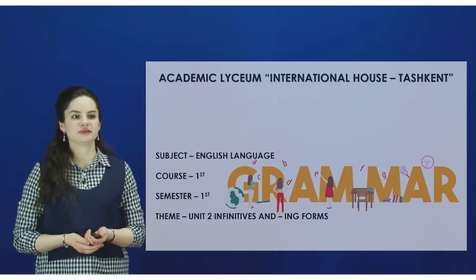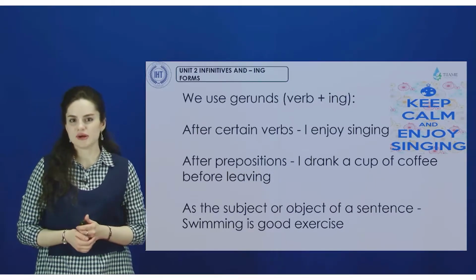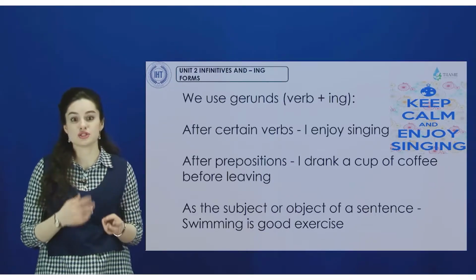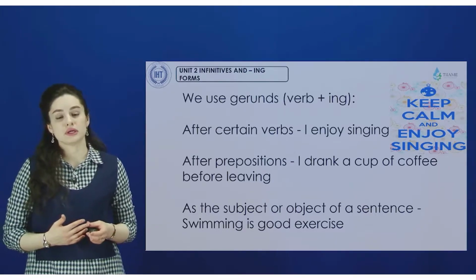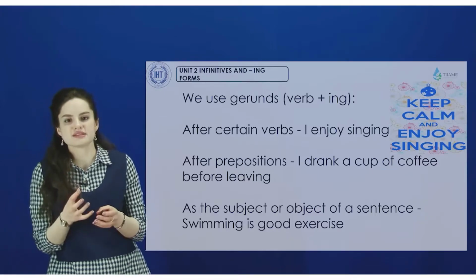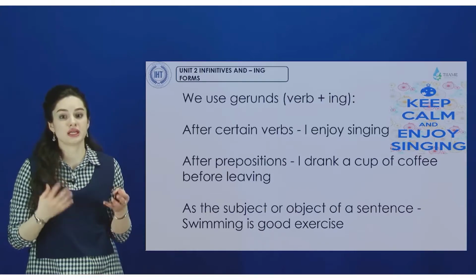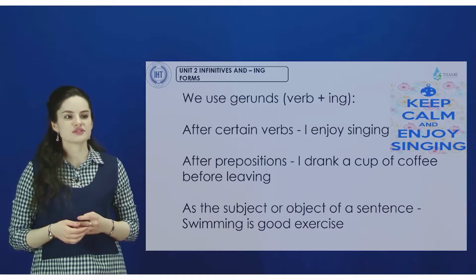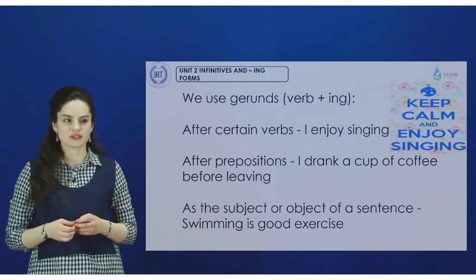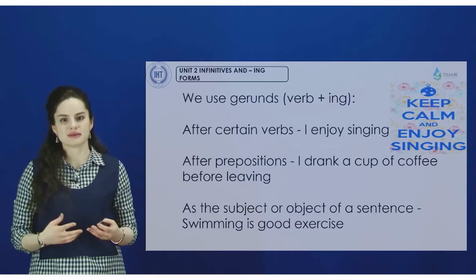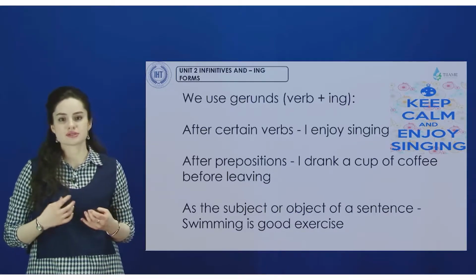So now look please. What about gerund? Gerund is the ing form, and we have several cases, and you should know how to use it in which situations. Look please, after certain verbs. For example, I enjoy singing. So enjoy is a certain verb.